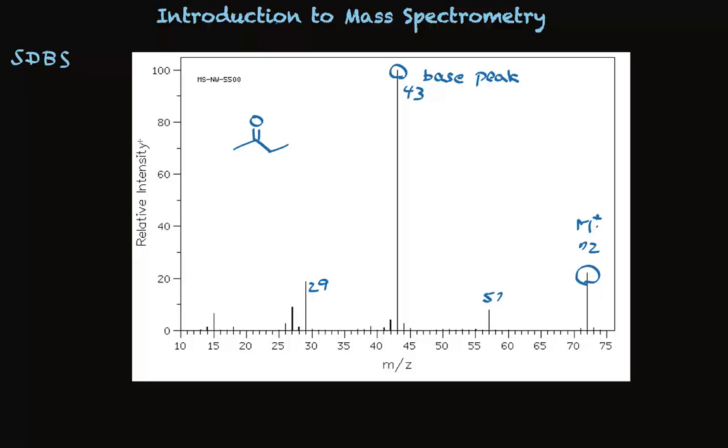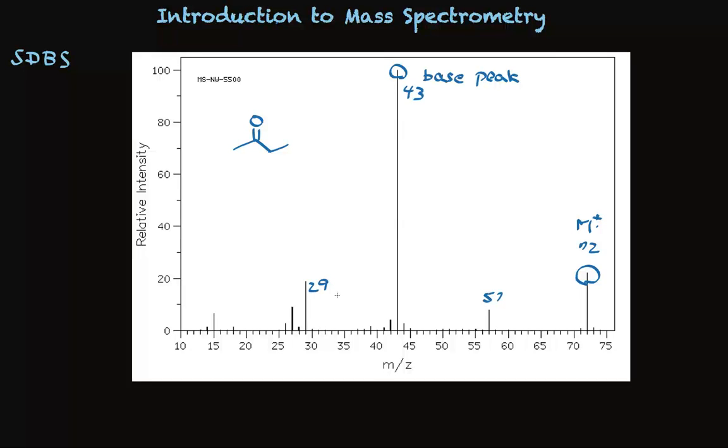The vertical axis is relative intensity or relative abundance, with the base peak being arbitrarily set at 100%, and all other abundances, relative amounts of ions, being set relative to the base peak.